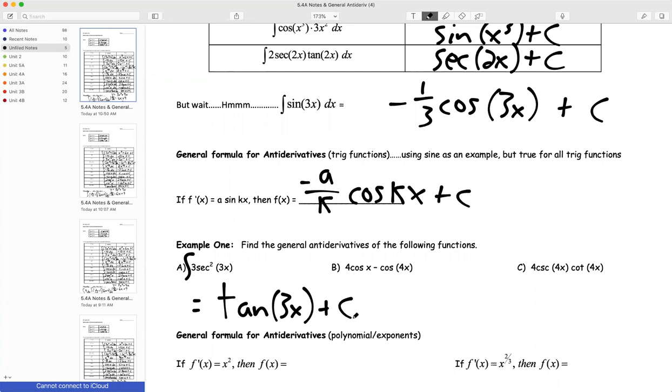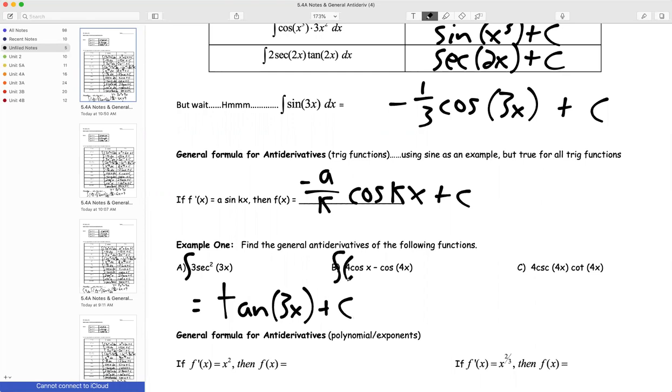So I take the 3 and I divide it into what's in front here. 3 divided by 3 gives me 1. And so this is my final answer. And I can check it by taking the derivative. Derivative of tangent of 3x is secant squared of 3x. And then I multiply by the derivative of what's inside the parentheses, which is 3.